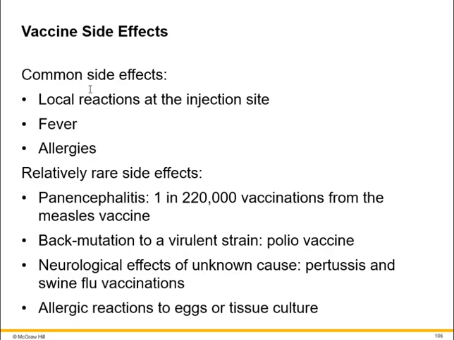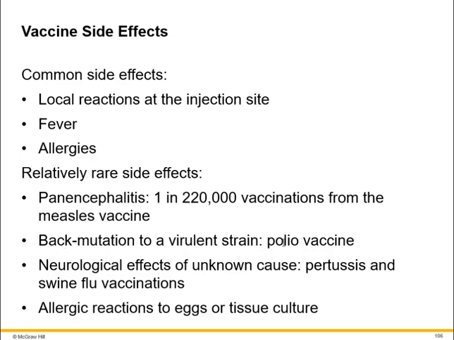So some of the common side effects are a local reaction at the injection site, fever, allergies, and rarely you'll get other side effects like panencephalitis, which is an infection that happens with measles vaccines, and about 1 in 220,000 of the vaccines will result in this swelling in the brain. Back mutations can occur.